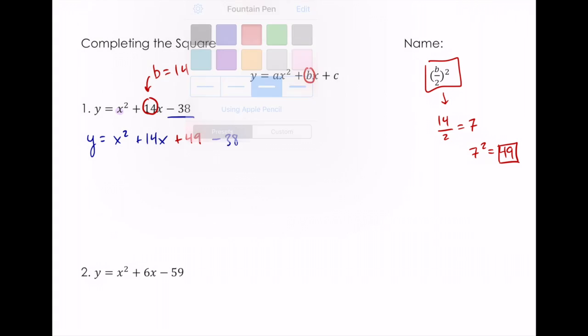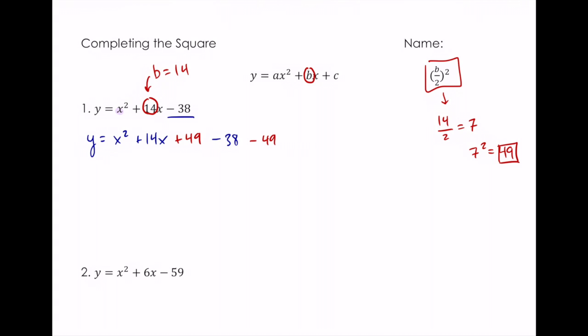And then the same thing, I want to now subtract 49. So we're going to add it in on one side of the equation and subtract from the other side of the equation.